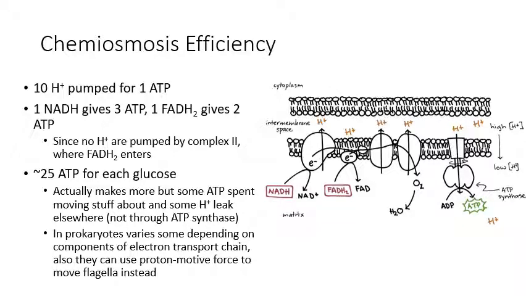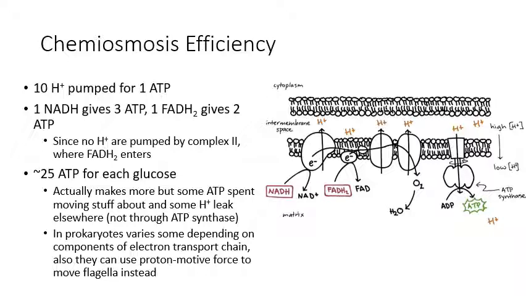For prokaryotes, it's actually going to be different, and the number is going to vary from one species of bacteria to another, or from one species of archaea to another. One reason is that prokaryotes don't all have the same electron transport chain. They're going to have different protein complexes in there. That's going to affect how many hydrogen ions they're able to pump, or how many protons they're able to pump across the membrane.